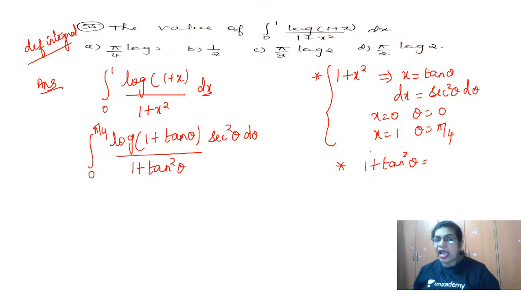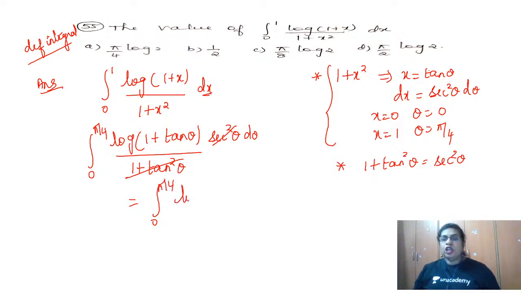I am arriving at the standard result. For KCET, when you get such a question, you have to remember the standard result and write the answer. 1 plus tan square theta is nothing but secant square theta, so secant square and secant square cancel. You are left with integral 0 to pi by 4 log of (1 plus tan theta) d theta.